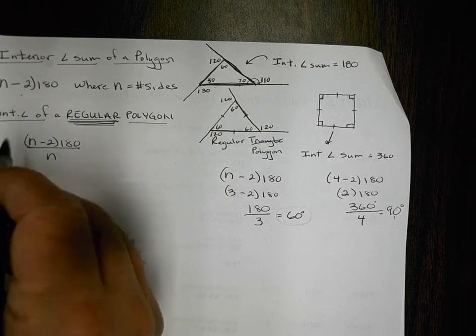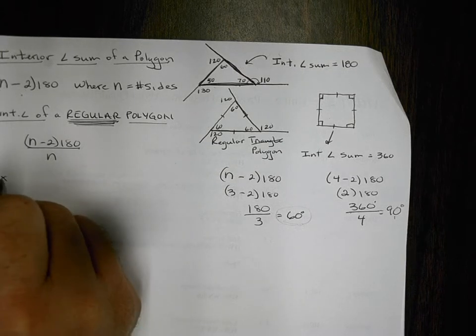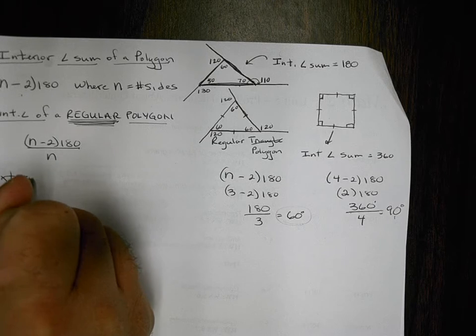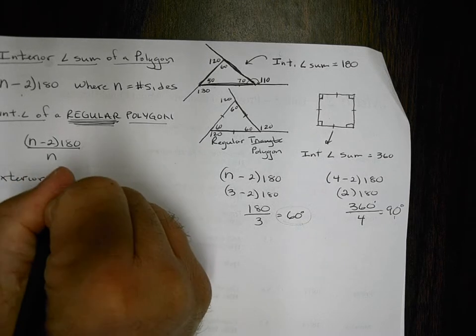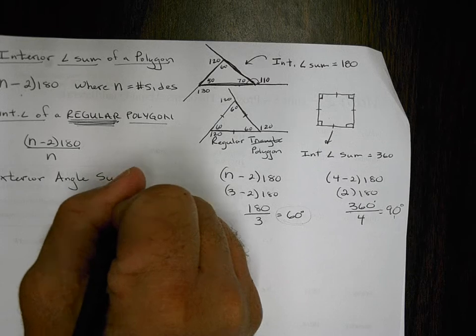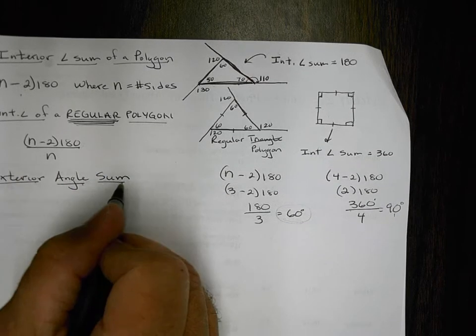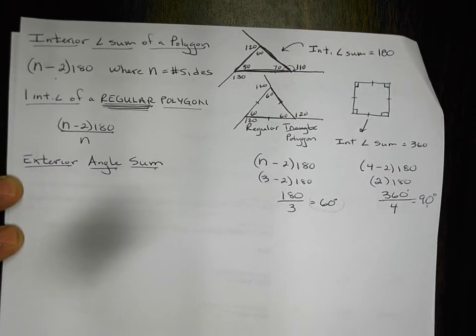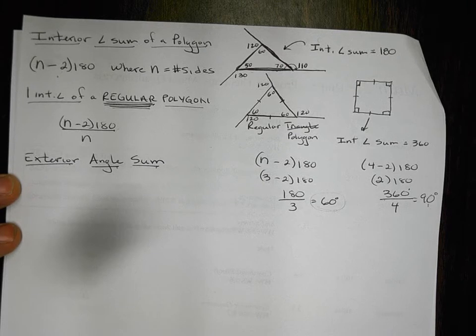So let's write that. Exterior angle sum. Okay, this formula is to find the sum of the exterior angles of any polygon.